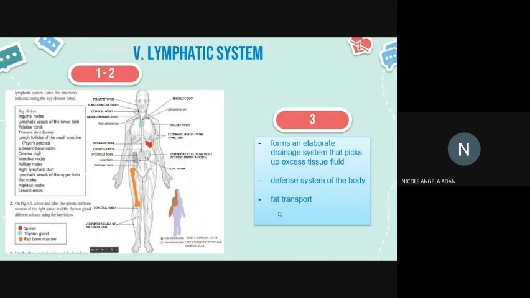Number 5, the lymphatic system. Lymphatic system function is to protect the body from illness. For number one, shows the main structures indicated using the key choices listed.